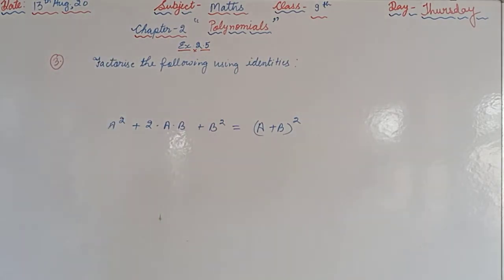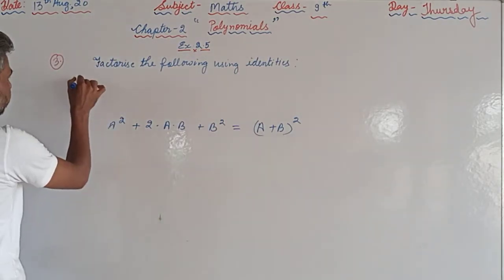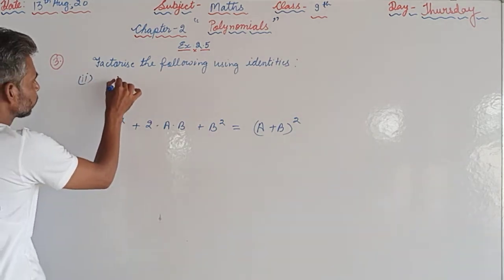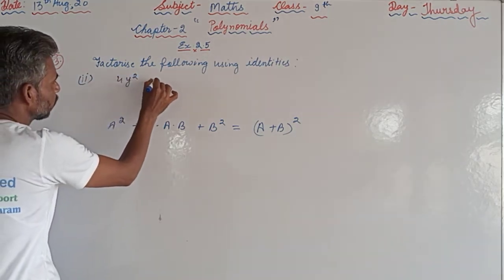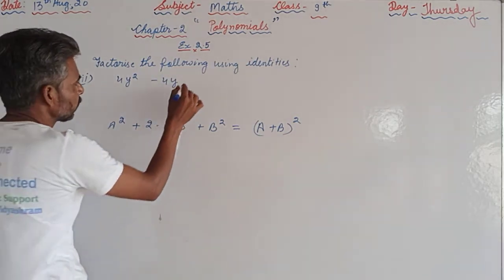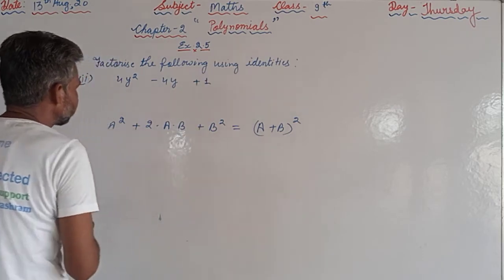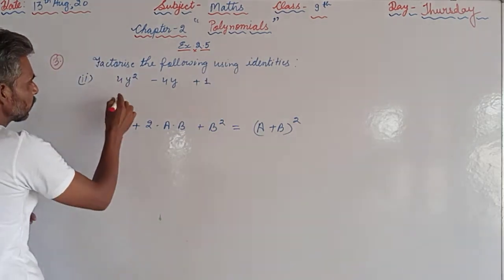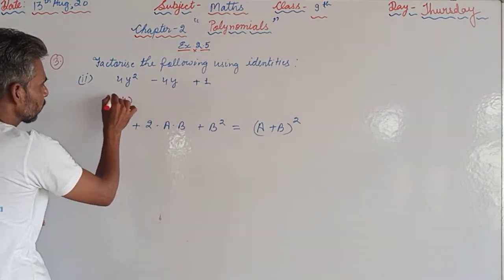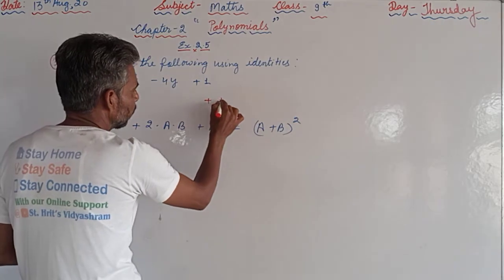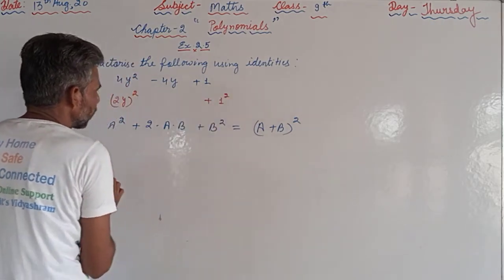In the second part it is given that 4y square minus 4y plus 1. So again we can write that into whole square form. 4y square means 2y whole square, and 1 means 1 square.